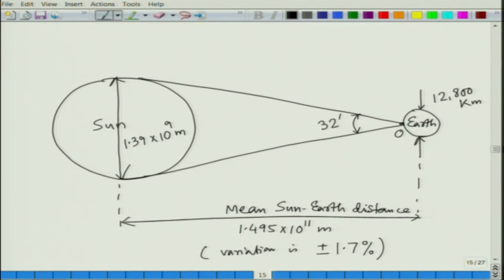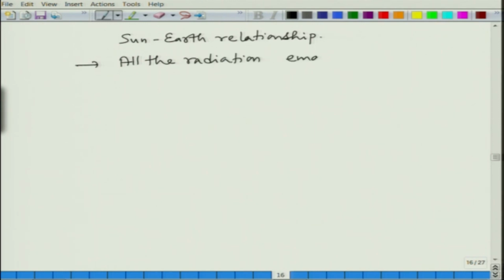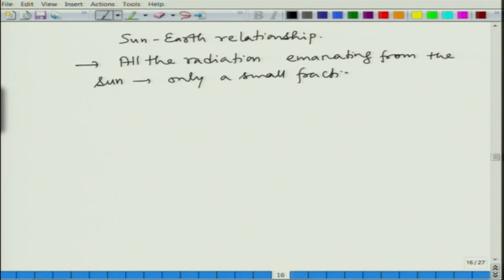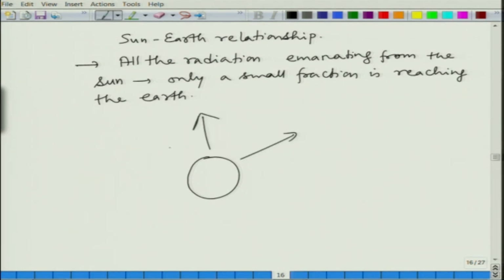Okay. Now, we are continuing with this sun earth relationship, and all the radiation emanating from the sun, only a mole fraction is reaching the earth, right, that you can understand, because you have the sun here and all the radiation that are going around.